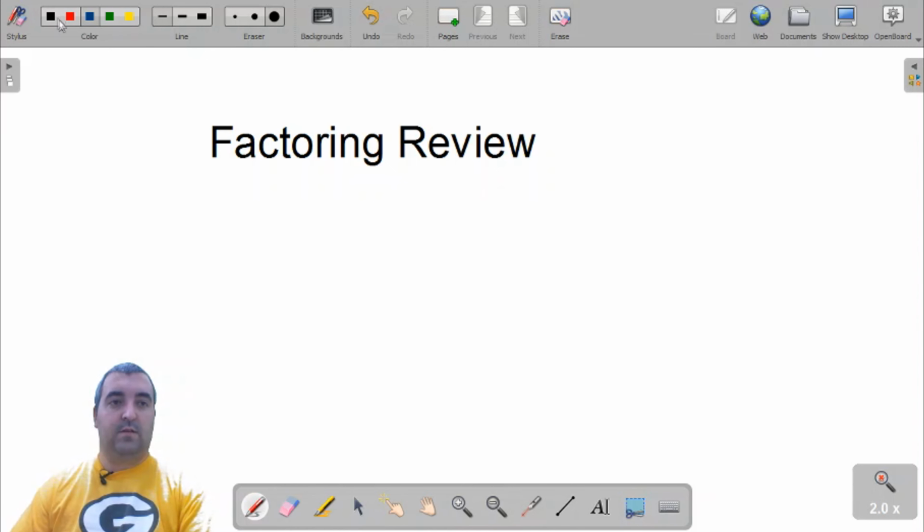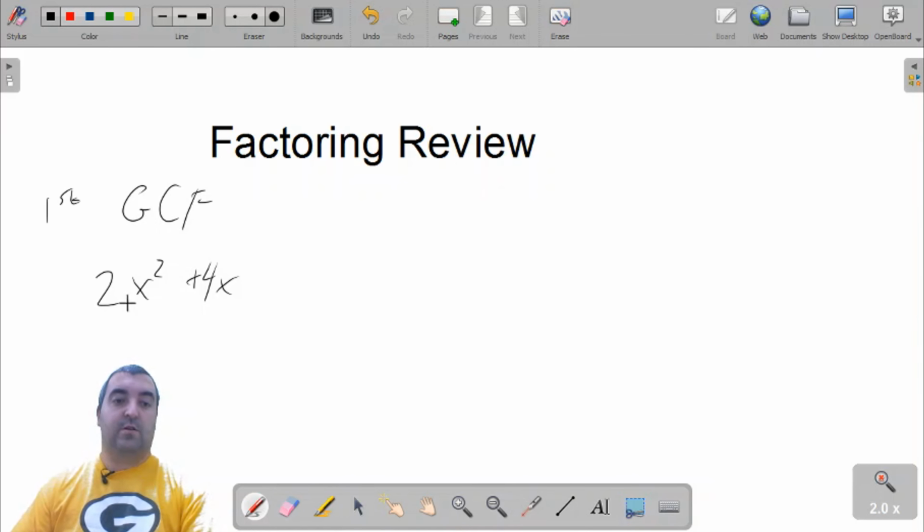So the first thing is there's really three types of factoring that we're going to look at right away. The first type is GCF factoring. GCF factoring is when you look at all the terms, doesn't matter how many terms there could be, 2, there could be 100.